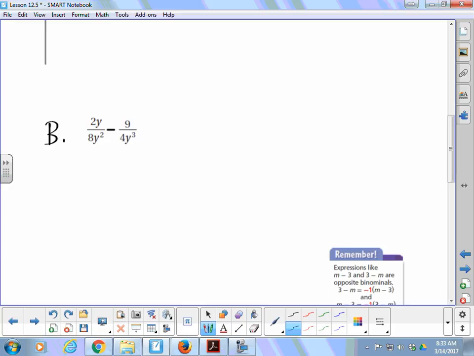Now, in this situation, we can still simplify this first fraction. Sometimes that helps, sometimes it doesn't help. But let's go ahead and do it to start with here.